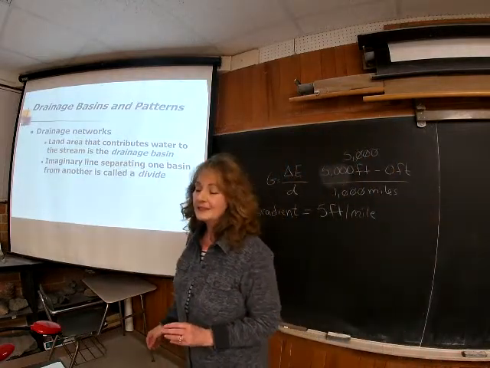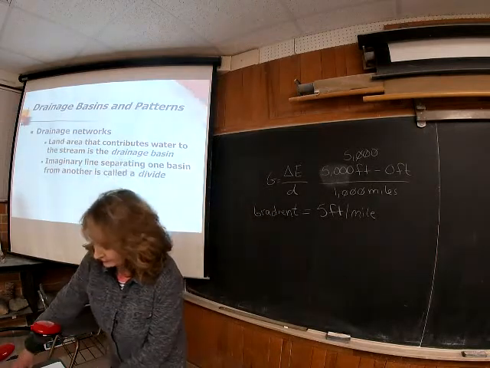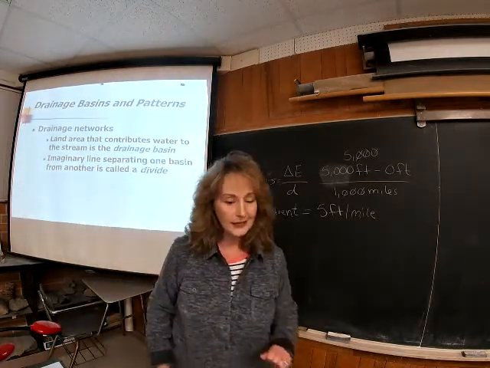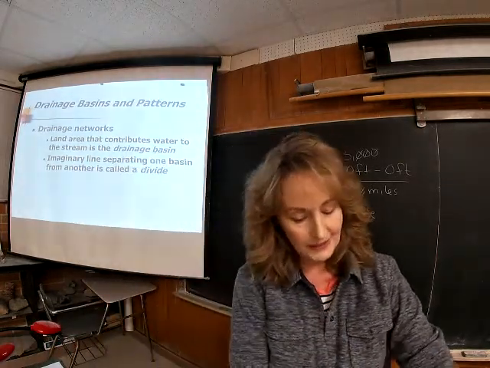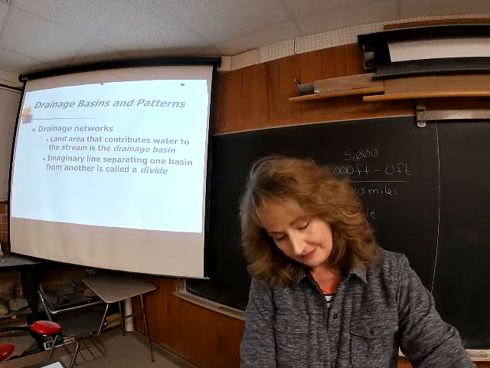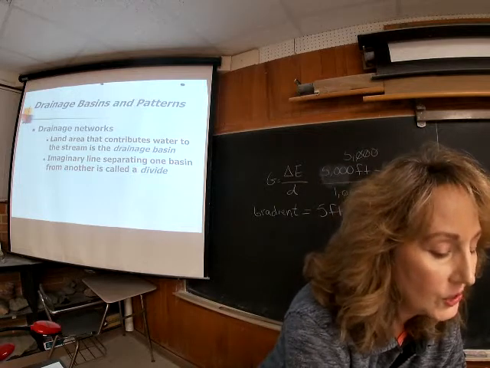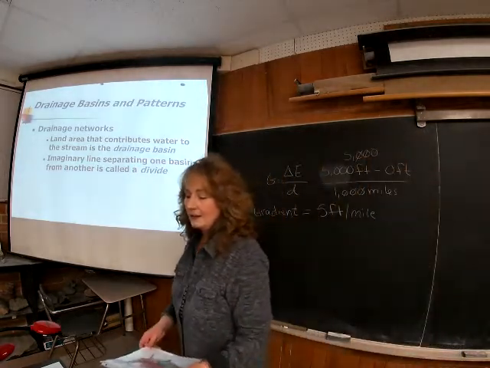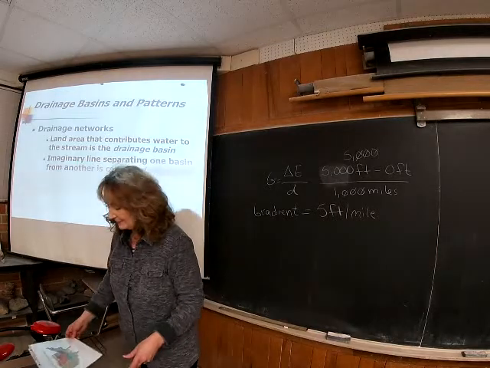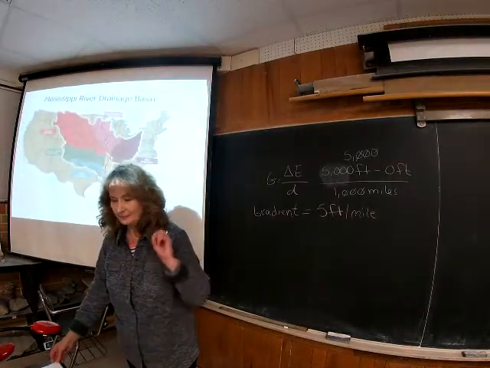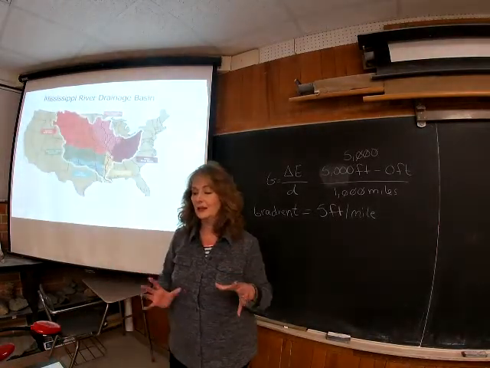Okay, drainage basins and patterns. And so, drainage networks. I do think I had a picture of the Mississippi drainage basin. It's very large. Here it is. I think your book, or there might be a PowerPoint of it, but this is really color-coded kind of thing here.